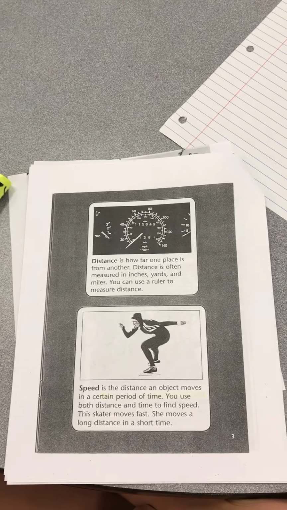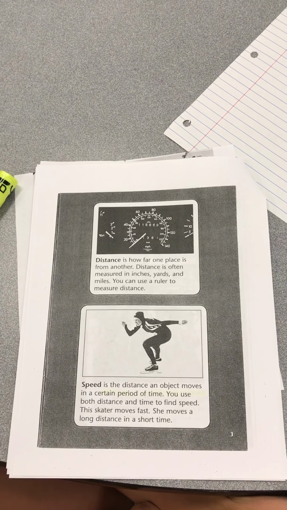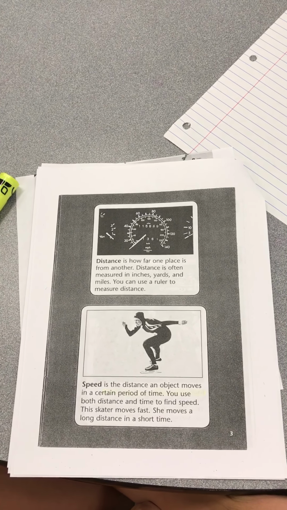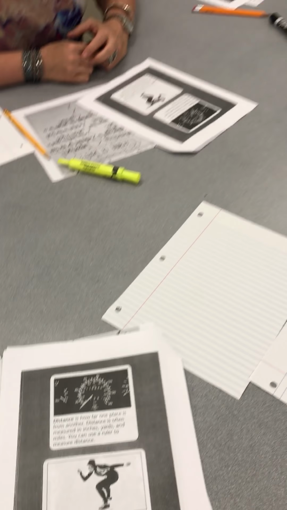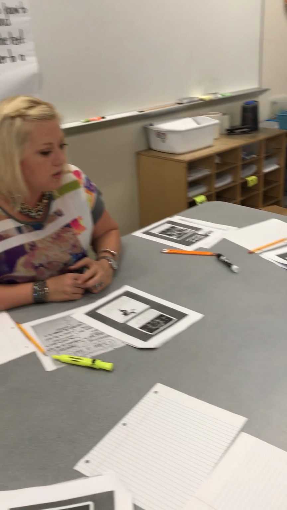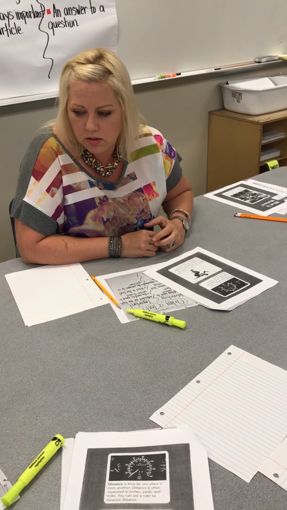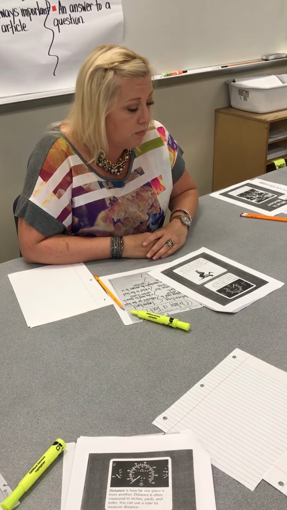Distance is how far one place is from another. Distance is often measured in inches, yards, and miles. You can use a ruler to measure distance. Okay, very good. Let's look at all of these sentences within this paragraph. Can anyone tell me the important information, something we should code as important? If you want to take a moment to reread the paragraph, feel free.